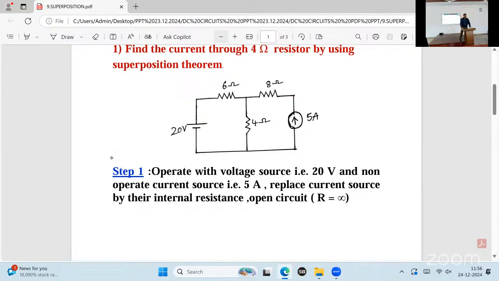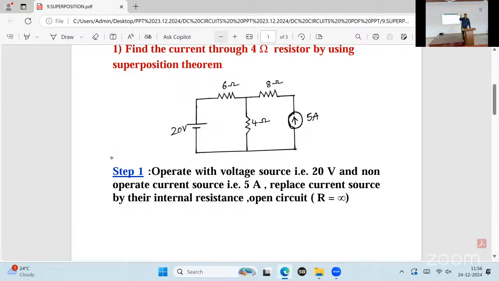Remember this one. Whenever you say non-operative, what is the internal resistance for a current source?